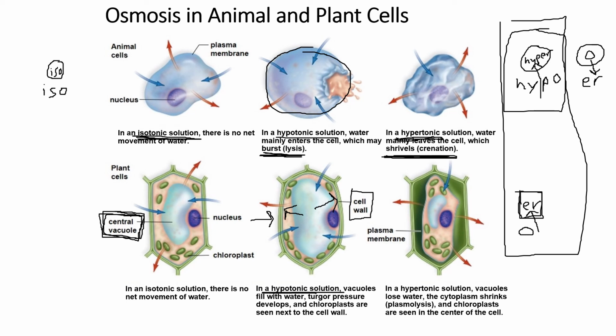But with animal cells, they could swell and burst. With plant cells, they don't burst. Instead, they become turgid, or they have turgor pressure. And plant cells like being turgid.